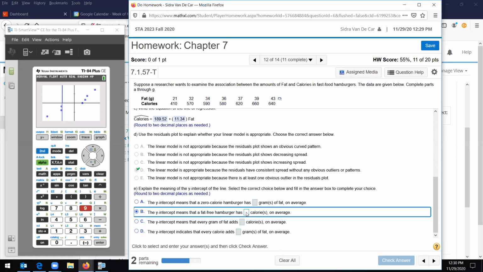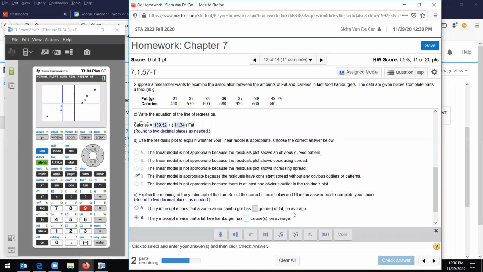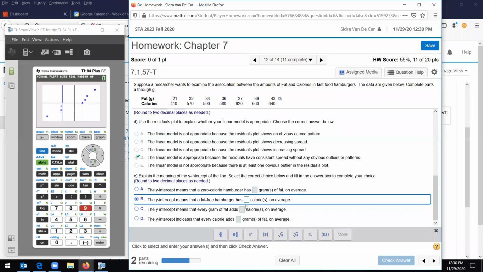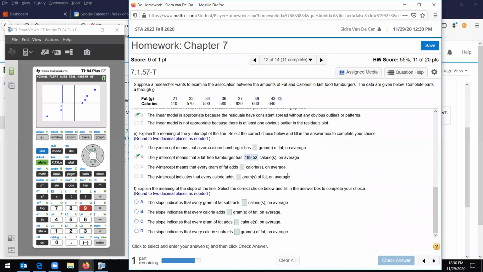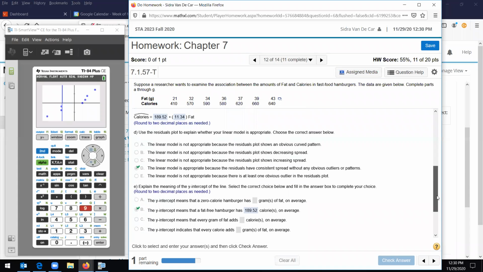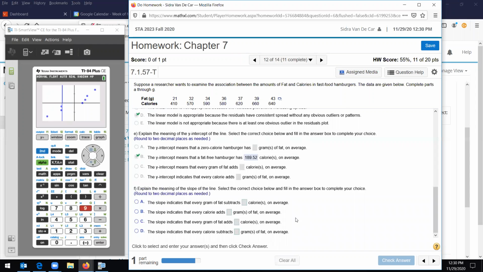A fat-free hamburger has 189.52. Explain the meaning of the slope. Okay, so that's every one increase in fat is 11.34 more calories.